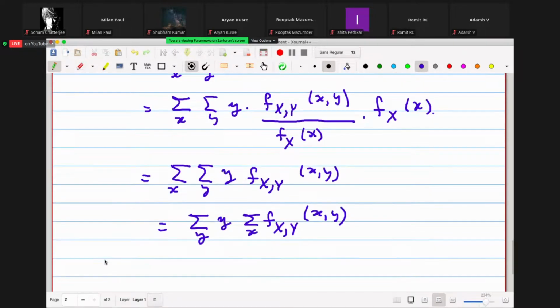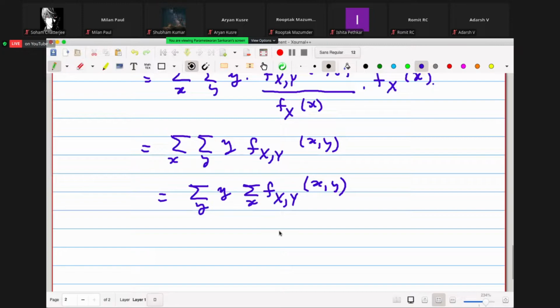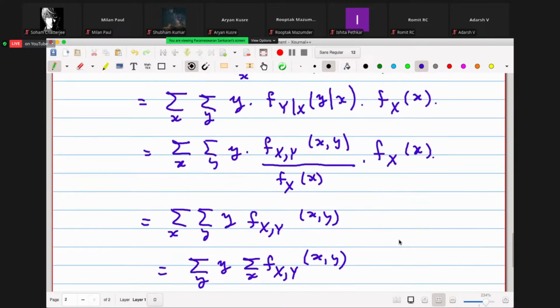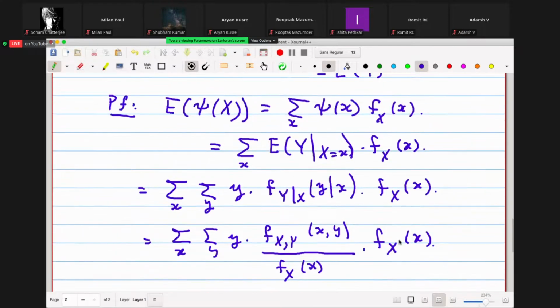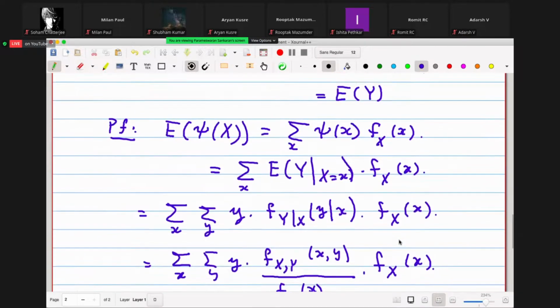But that's exactly the marginal, summation over y, f_Y of little y. And by definition, this is the expectation of Y. Okay. So this is it. That's all. There's nothing more to it.